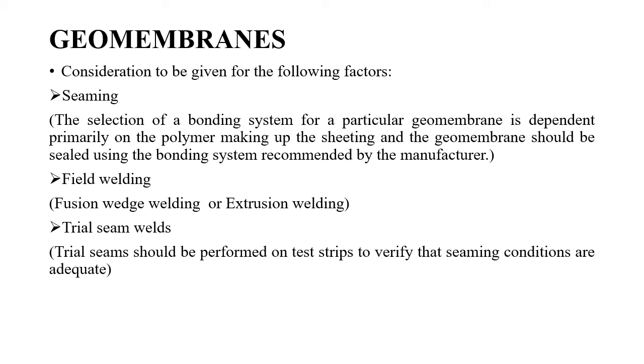The principal difference is only the requirement of heat for the thermal process instead of adhesive. Otherwise, the requirements are the same for both the thermal process of seaming as well as the chemical process of seaming.